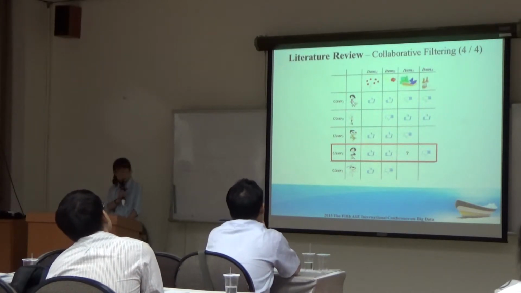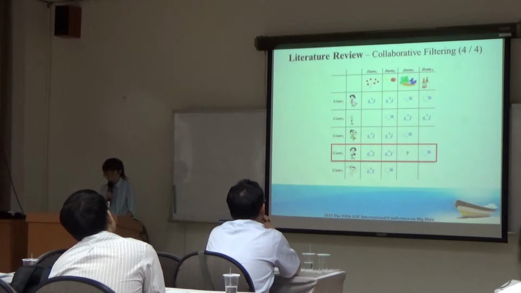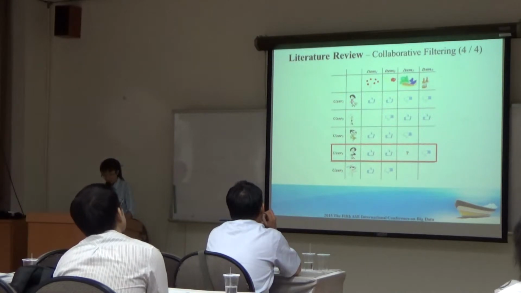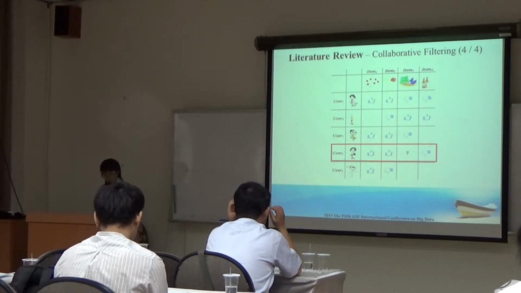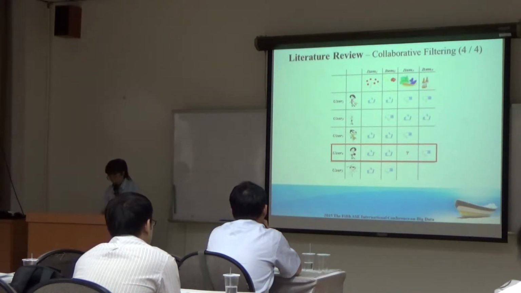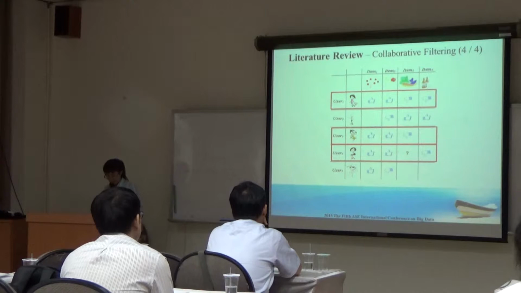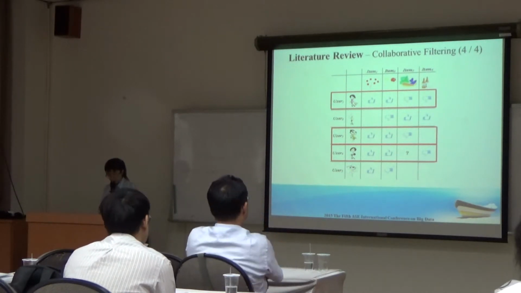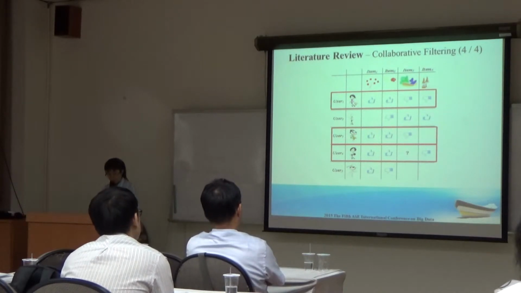In general, there are two simple approaches based on collaborative filtering. One is user-based, and the other is item-based. In the user-based approach, what user 1 and user 3 like or not is similar, like user 4, and both of them don't like item 3.